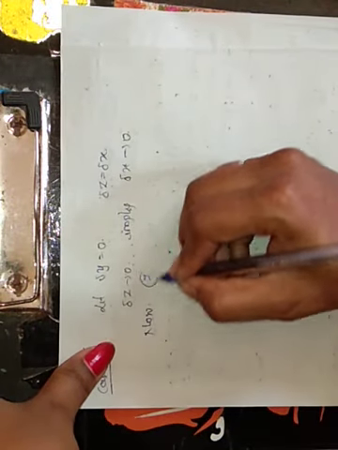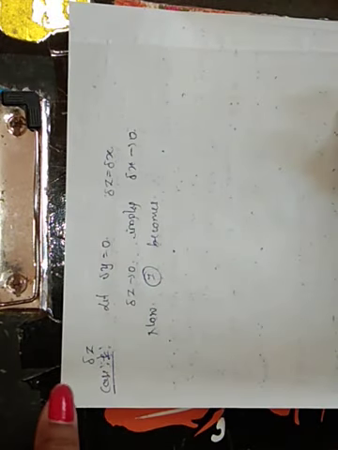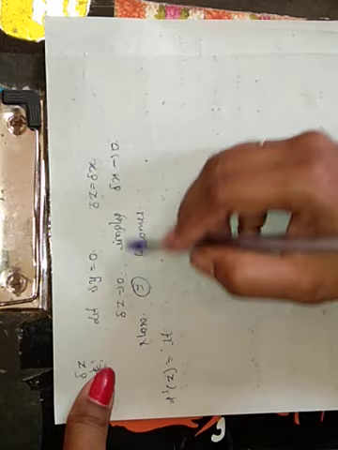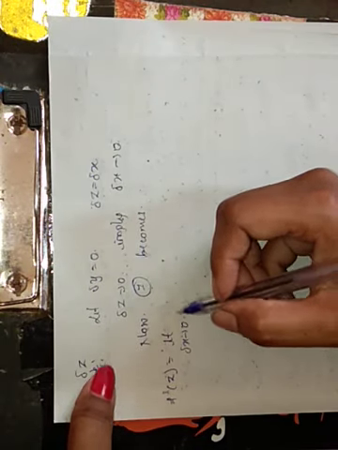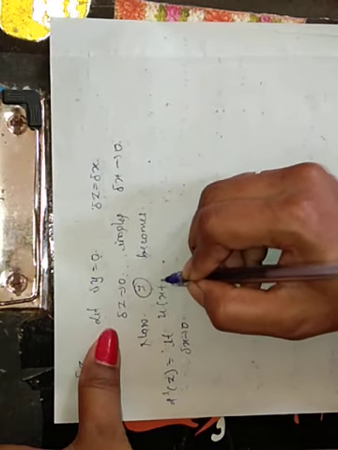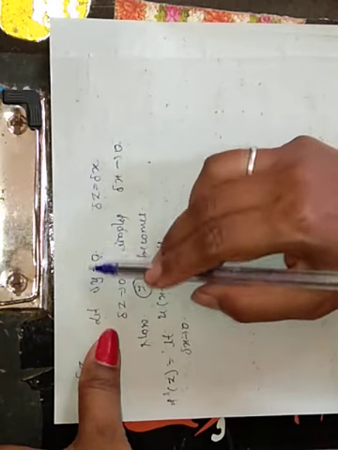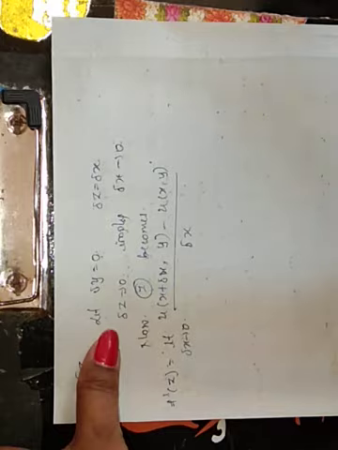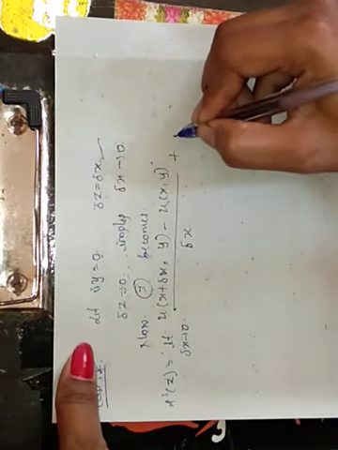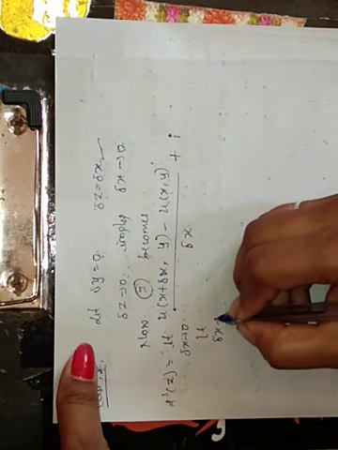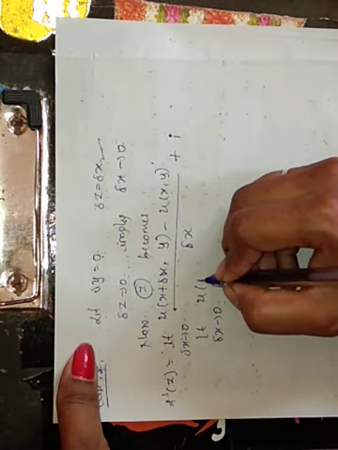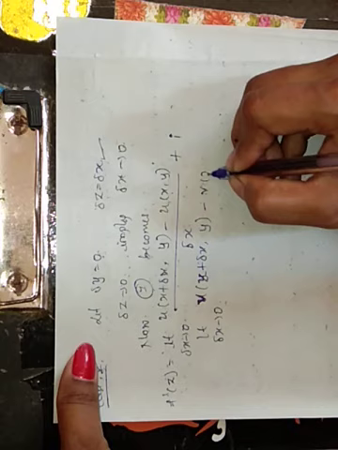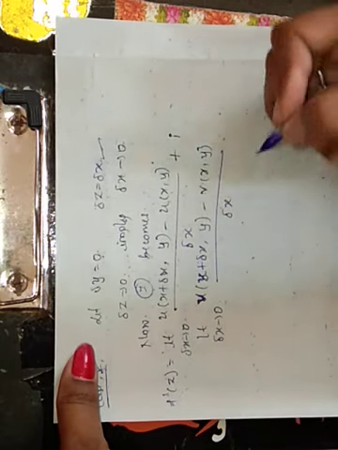Now equation 1 becomes f dash of z equal to limit delta x tends to 0 and delta y is 0, u of x plus delta x comma y minus u of x comma y divided by delta x, because delta z equals delta x, plus i into limit delta x tends to 0, v of x plus delta x comma y minus v of x comma y divided by delta x.